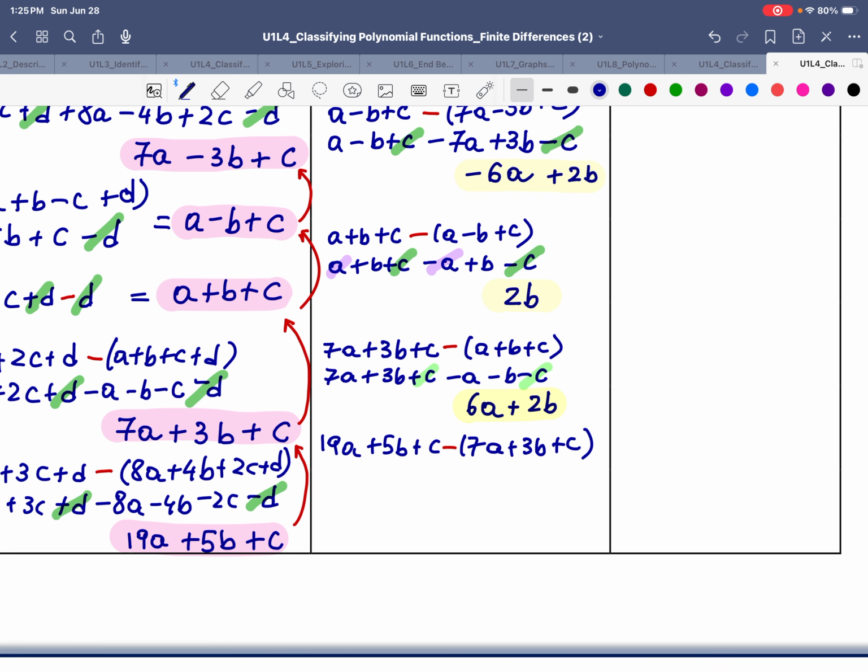So open up brackets, 19a plus 5b plus c, subtract 7a, subtract 3b, subtract c. Again, same idea. We are losing the coefficient c. It simplifies to 0. And 19a minus 7a, that will be 12a, 5b minus 3b would be equal to positive 2b. So this would be our last one here.